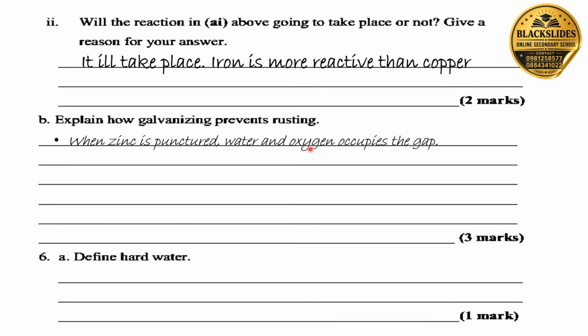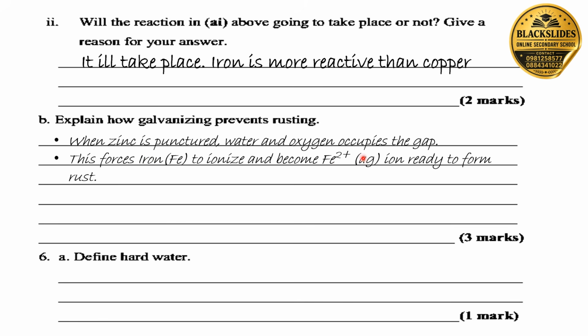The water or oxygen will cause the iron inside to start rusting, rather to release electrons. So this will force iron to ionize and become iron ions.